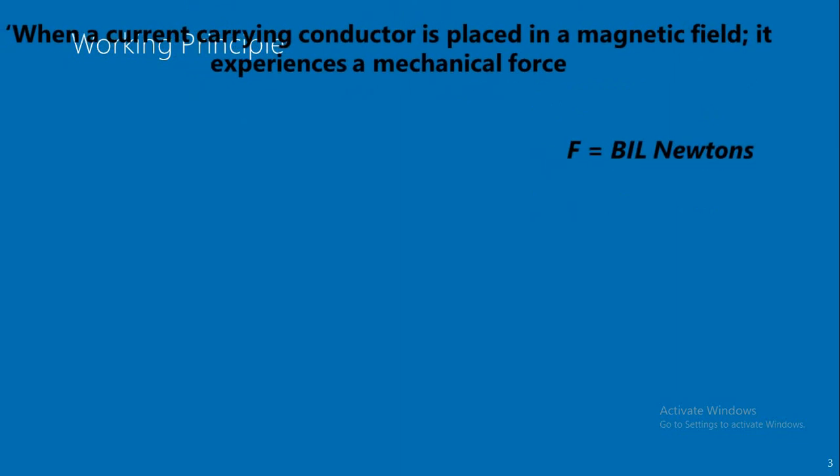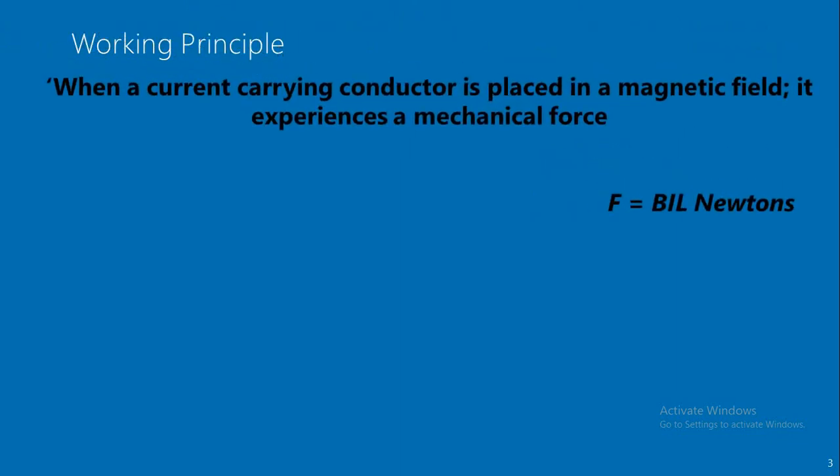Here, the magnetic field is produced between the magnets. The current carrying conductor is nothing but the rotor, that is, the armature of the DC motor, and the stator has the field windings. So when a current carrying conductor is placed in a magnetic field, it experiences a mechanical force.